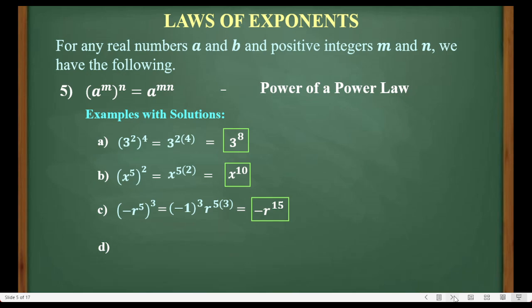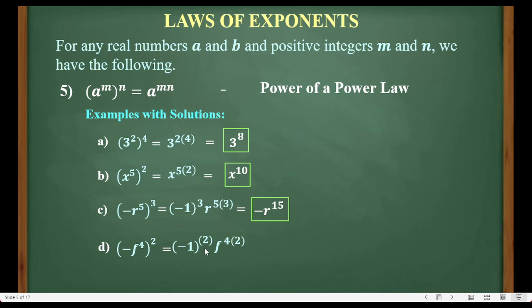Next, letter D. Again, we have the quantity negative r to the f to the 4th, squared. Of course, inside the parentheses, there is actually a negative 1 factor. So we just factor it out. And since negative 1 is also being squared, this is what happened. Negative 1 squared times (f to the fourth) squared.